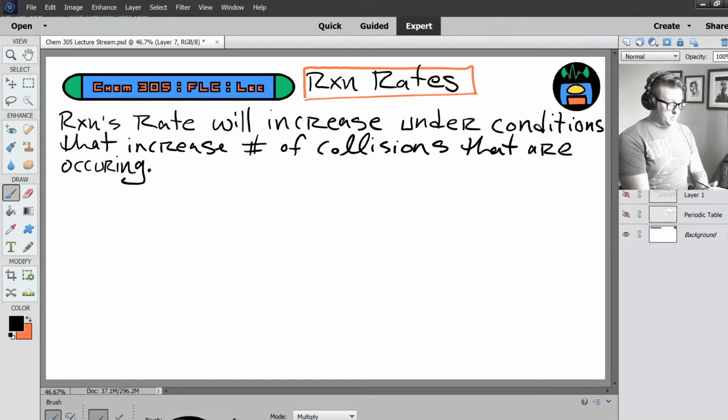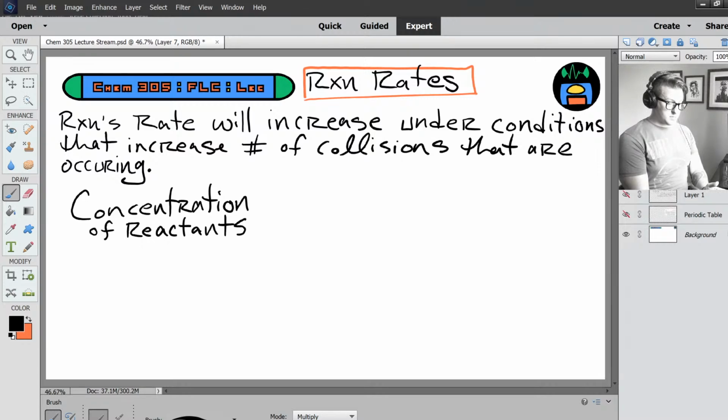One big one would be concentration. I should say concentration of reactants. All right, that is one large factor that can increase the number of collisions that are occurring.